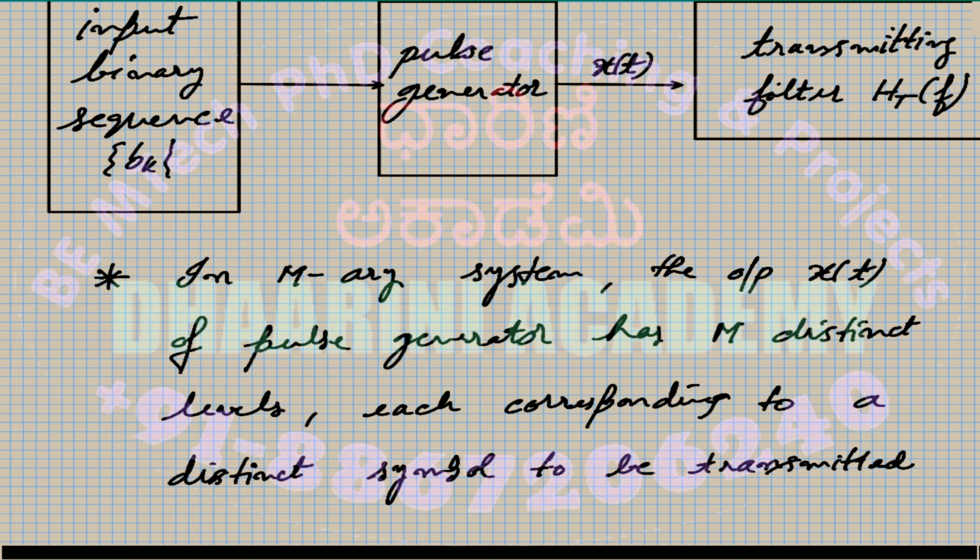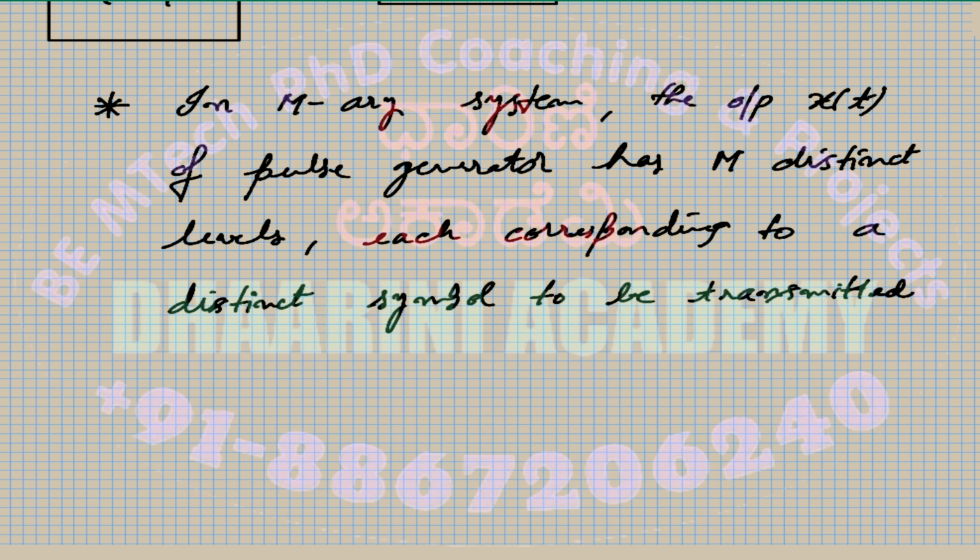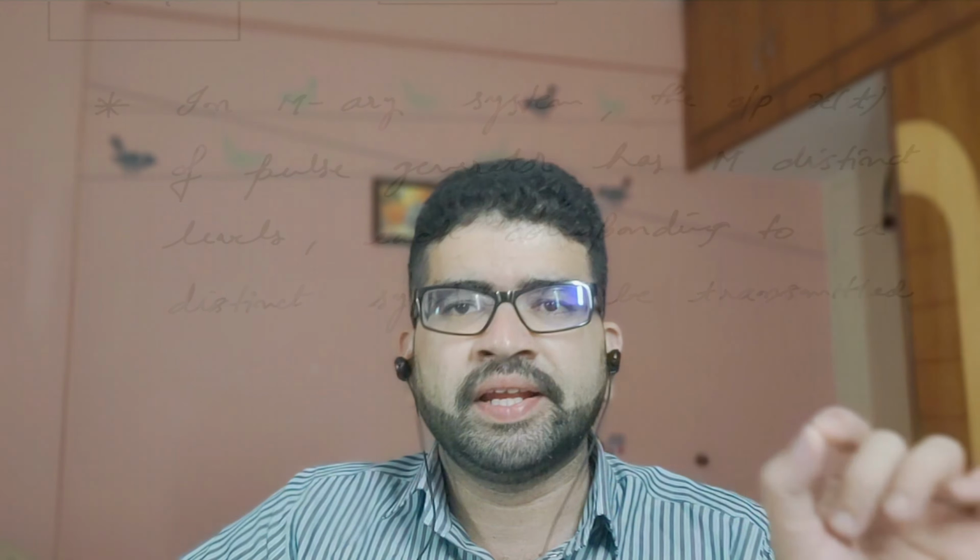Consider a scenario where my symbols are English letters, like A to Z. In such a case, if you are using the M-array modulation technique, irrespective of whether you go for ASK, PSK, FSK, it doesn't matter, how many levels do we require? We require 26 levels because there are 26 letters, right? Each distinct symbol that you are trying to transmit requires a unique level.